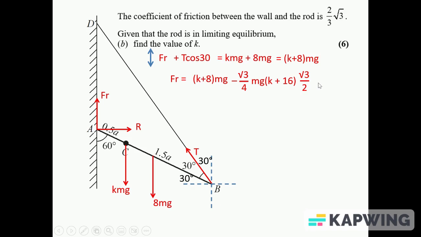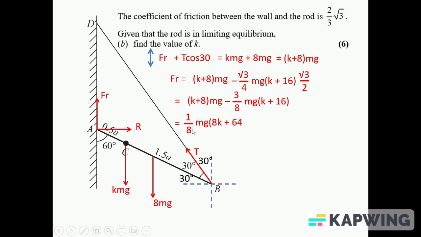Now we've got a rather complicated expression here for the friction. I'm going to simplify that down. The (k plus 8)mg I'll leave alone, but this simplified: I've got root 3 times root 3 over 4 times 2, so it's 3 over 8 mg times (k plus 16).